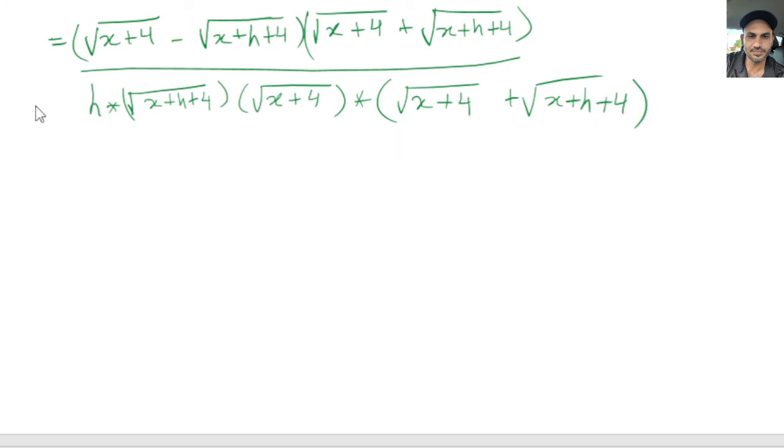So this is our denominator, and of course the limit as h goes to 0, don't forget that part.